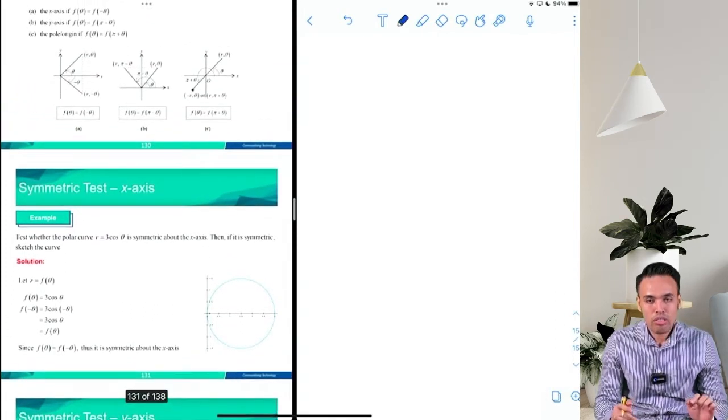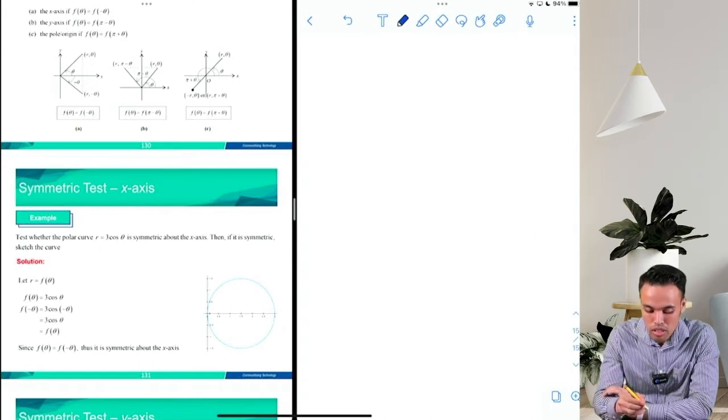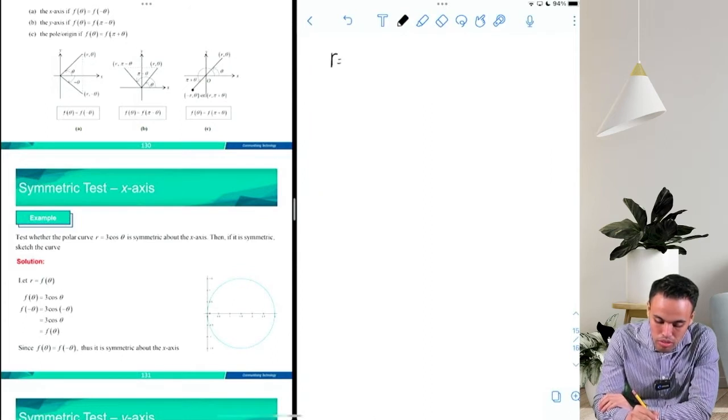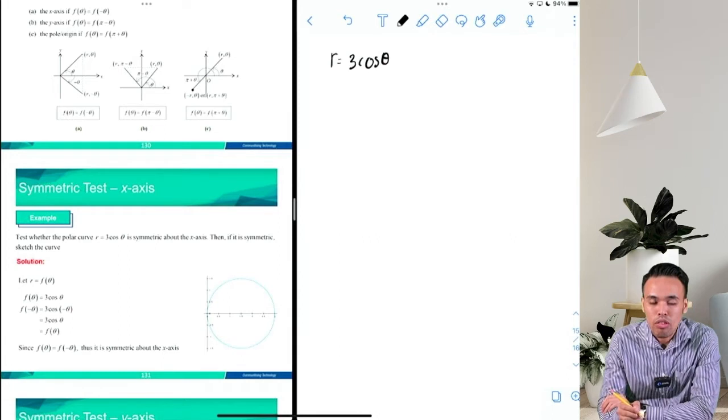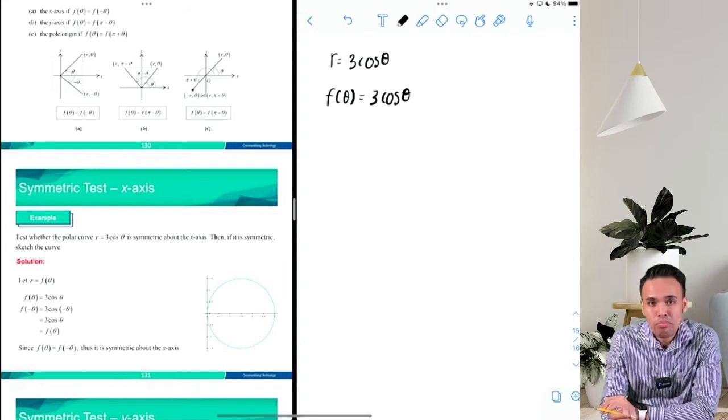So let's try to answer a few questions inside the slide presentation. As you can see, the question asks you to show that the curve r equals 3 cosine theta is indeed symmetric about the x-axis, and hence to sketch the curve. You are given r equals 3 cosine theta, so f theta is obviously 3 cosine theta.